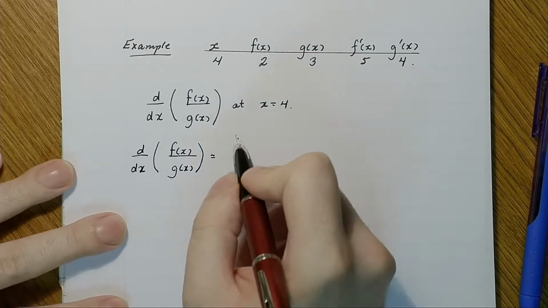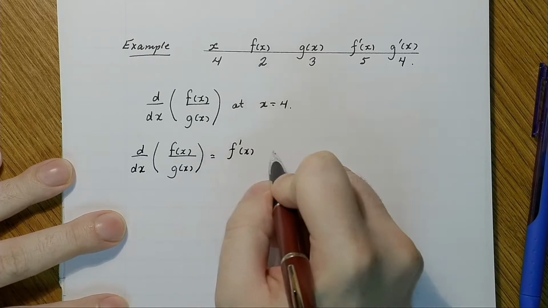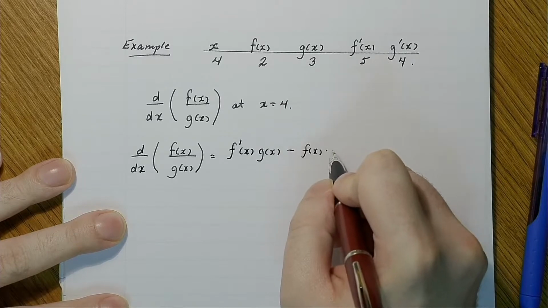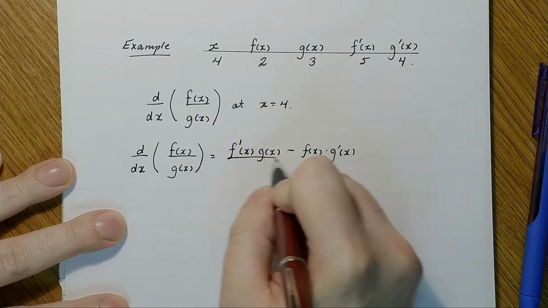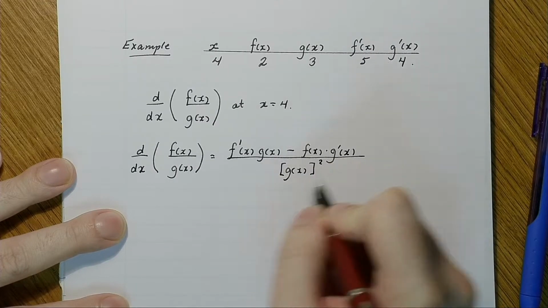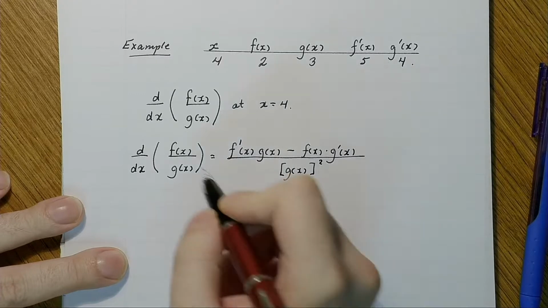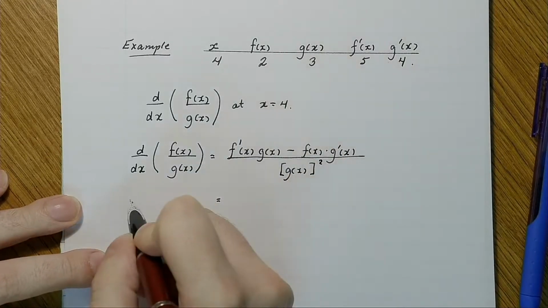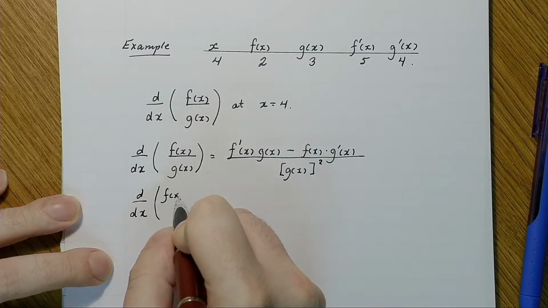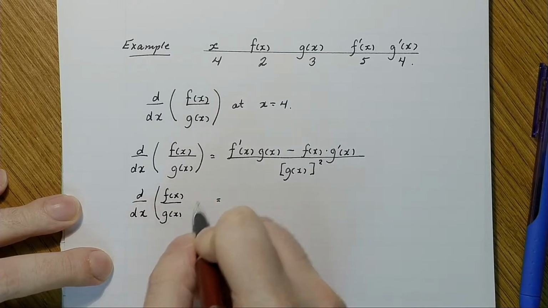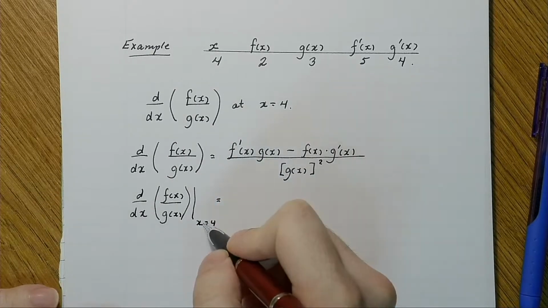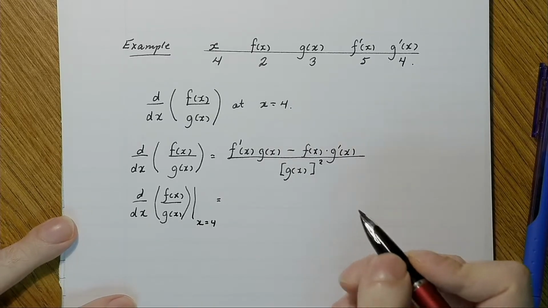So again, it's the derivative of the top function times the bottom function minus the top function times the derivative of the bottom function, all divided by the bottom function squared. Then what we're going to do is evaluate this at x equals 4.